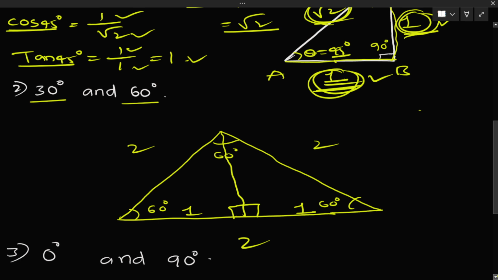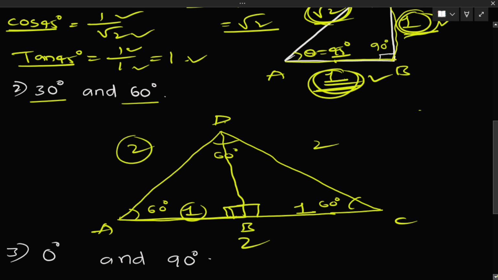So I am naming this triangle A, B, C, D. Here look at the triangle ABD. Angle B is equal to 90 degrees. Here it forms a right angle triangle. By considering Pythagoras theorem, with AB equal to 1 and AD equal to 2, by solving that, we get BD.